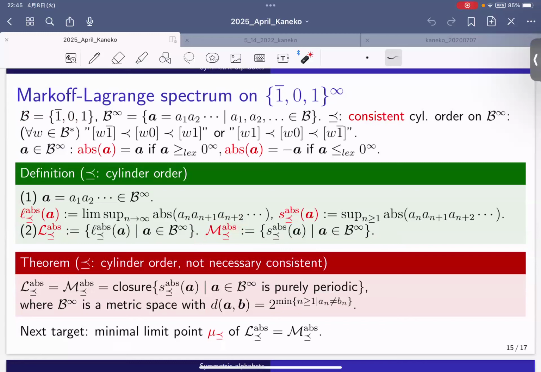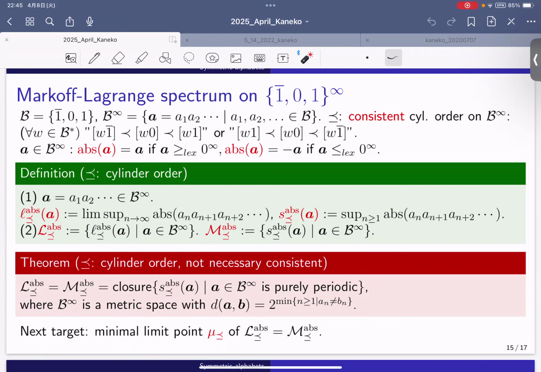And the next theorem is that even in the case of the absolute value version, these two sets are the same. Here, B to infinite is also a metric space. So closure comes from this metric. So it's a closure of subwords of purely periodic ones.